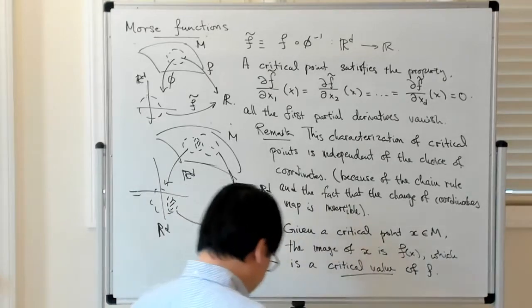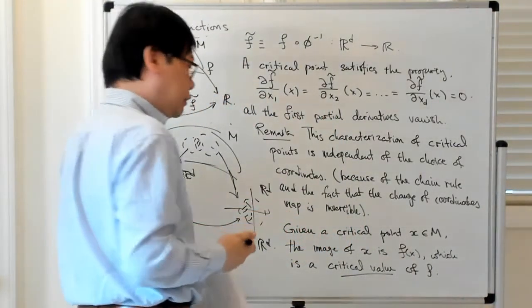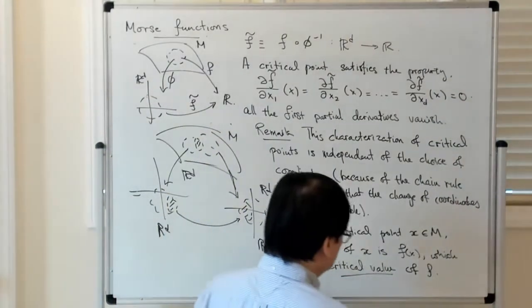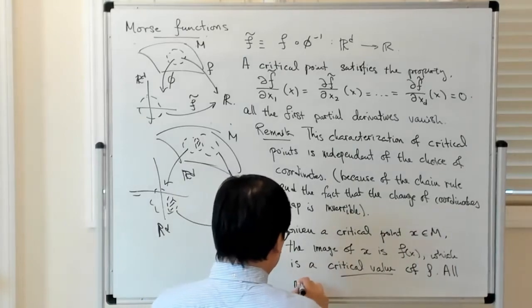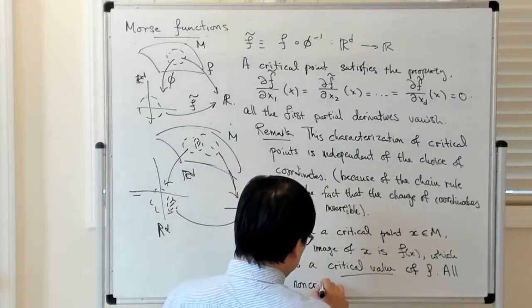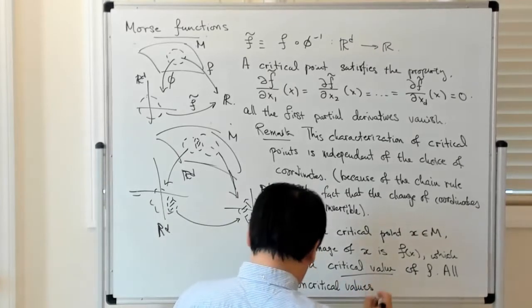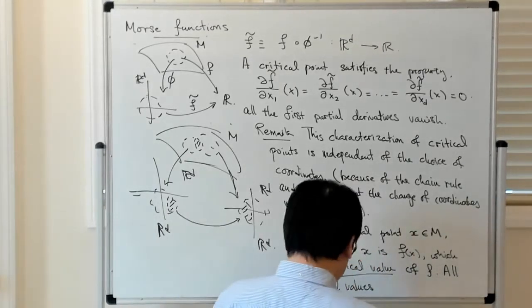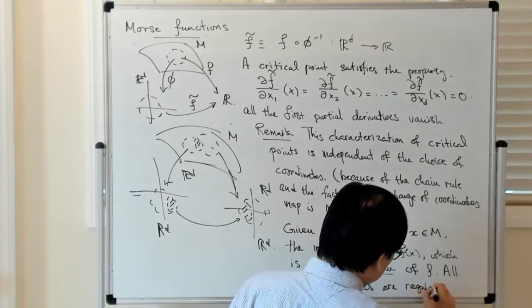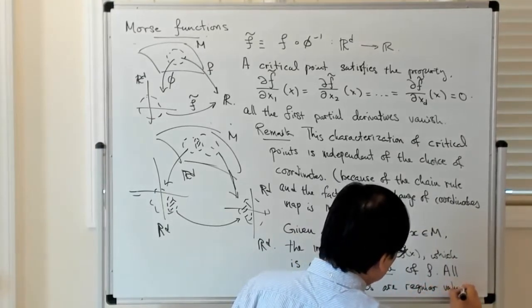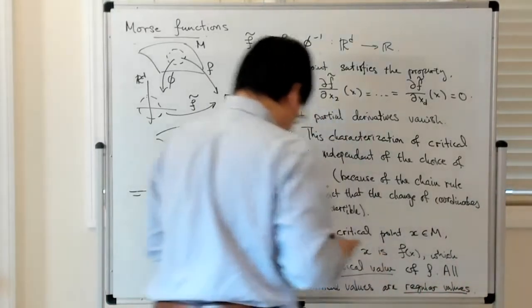And then all the other values are regular, so all non-critical values are regular values.